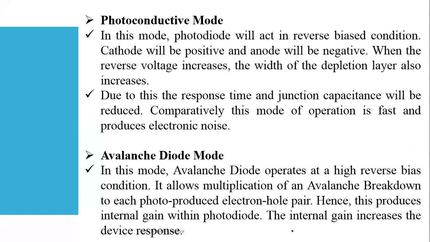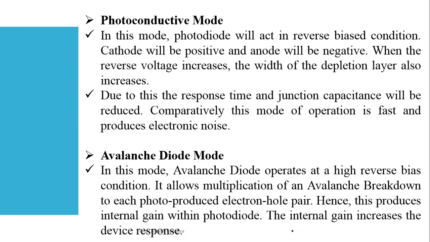The second one is photoconductive mode. In this mode, the photodiode acts in reverse bias condition. Cathode will be positive and anode will be negative, meaning the cathode is connected to the positive of the battery and the anode is connected to the negative terminal.